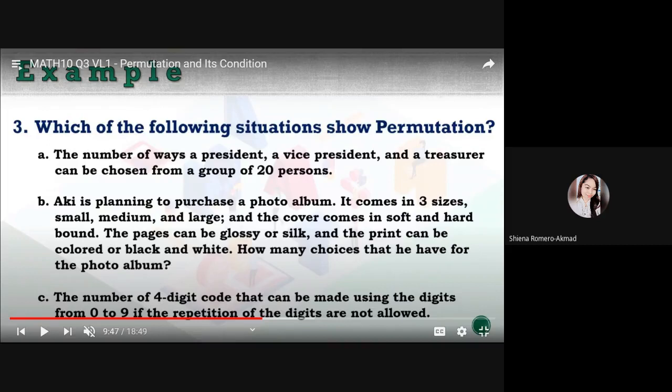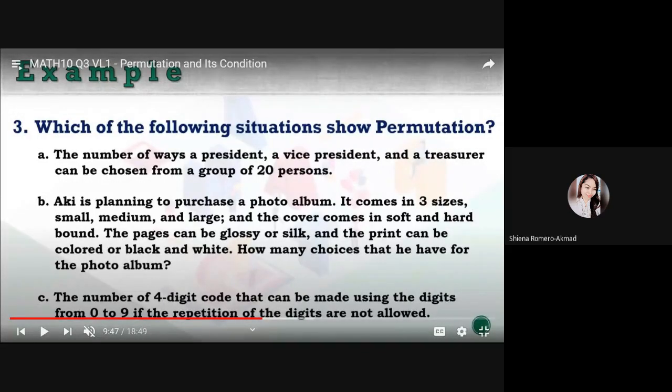So, let us have letter B first. Tingnan natin if it's really permutation or not. Di ba, binigyan tayo dyan ng choices. Kunwari, tayo yung nagpapagawa ng photo album.